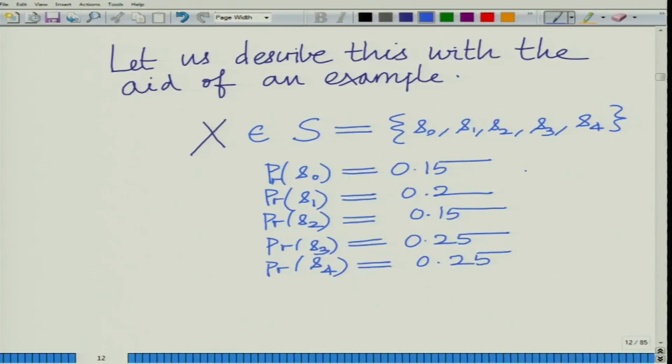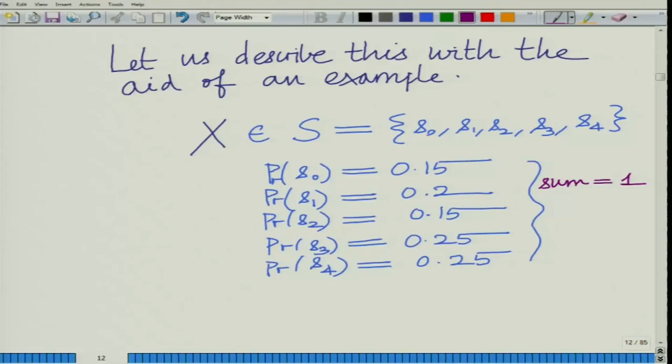And you can see that even before we start, this is a valid probability distribution, because the sum of all probabilities is equal to 1. Okay. Now to start with, what we want to do is construct the optimal code, that is the Huffman code. That is, we want to illustrate the procedure to construct the Huffman code for this source with this source alphabet and the probability distribution that is given.